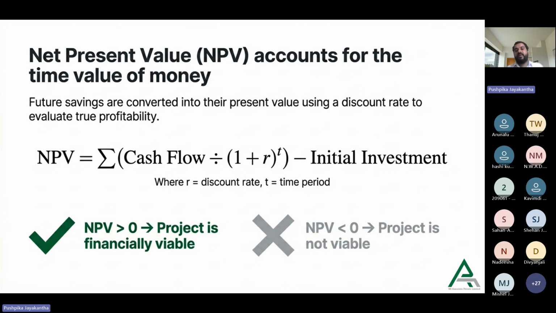So that is the minimum return the company expects from those investments. And some organizations use the weighted average cost of capital method. That actually combines the cost of debt and the cost of equity, and is used by large organizations. So typically we can use the cost of capital and the minimum acceptable rate of return for our analysis.